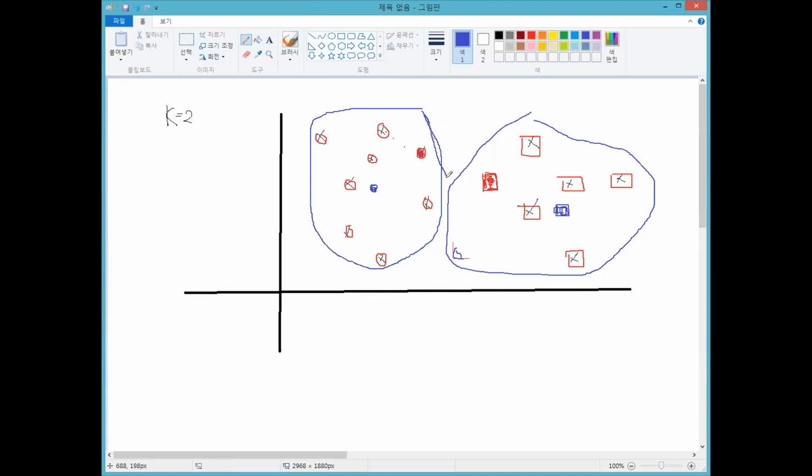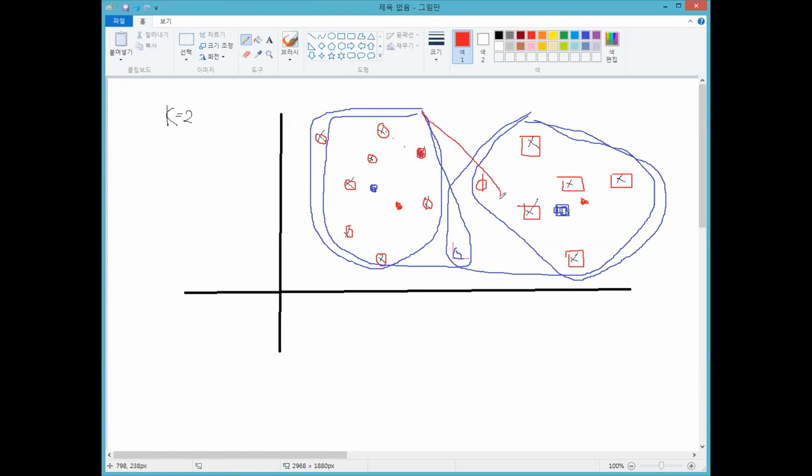The new areas look like this: this is now the circle area, and this is now the square area. We calculate the centers again; the centers are somewhere over here. This point is now close to the circle, so it becomes a circle.